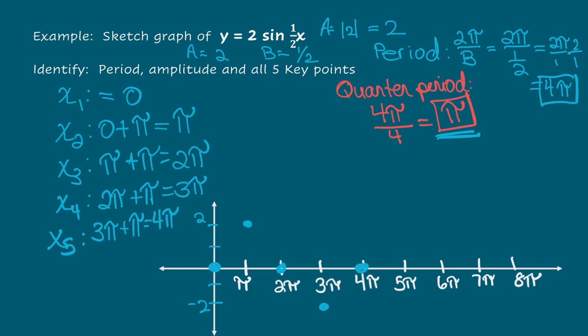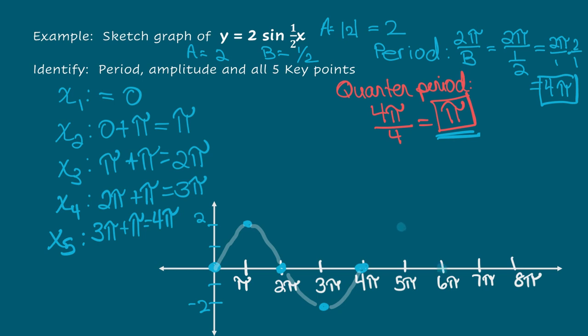So now I can just sketch my graph. So I'm going to go ahead and do that. I'll start with my initial point, come up and down and give it some curve. And then I'm going to go ahead and just plot the rest of my points here. I'm going to go back up here at 5 pi. I'm moving by increments of pi, and I'm only going up to a maximum of 2.